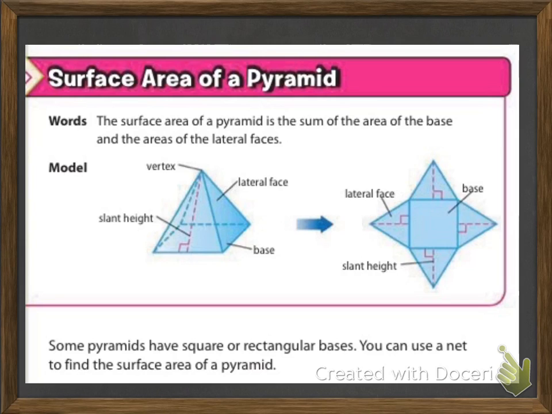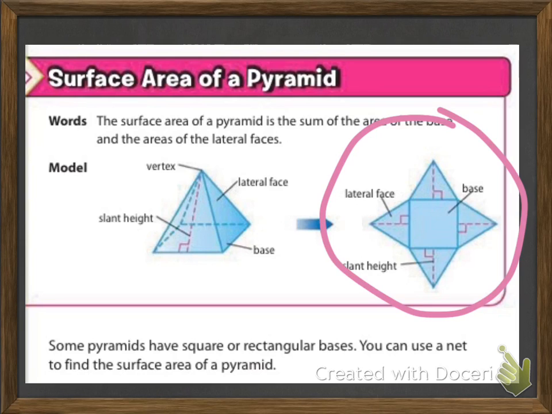So just like we've been working with, we're going to find the area of each of the shapes that make up this 3D part and use those to find the surface area. When it's stretched out as a net, and I love that they show that to you right next to each other so you can see what it looks like as a 3D shape and also as a net, the slant heights aren't quite as obvious because now they are just a regular height of a triangle.